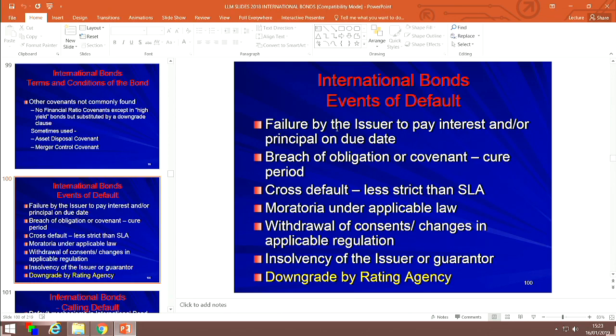Once again, the cross-default clause is not a generic one. You need to look at what is the specific language of a cross-default to work out how it works. Now, in a bond issue, a cross-default clause is much more loose, much less stringent than in a syndicated loan. If you remember, the syndicated loan's cross-default clause takes one of 2 forms.